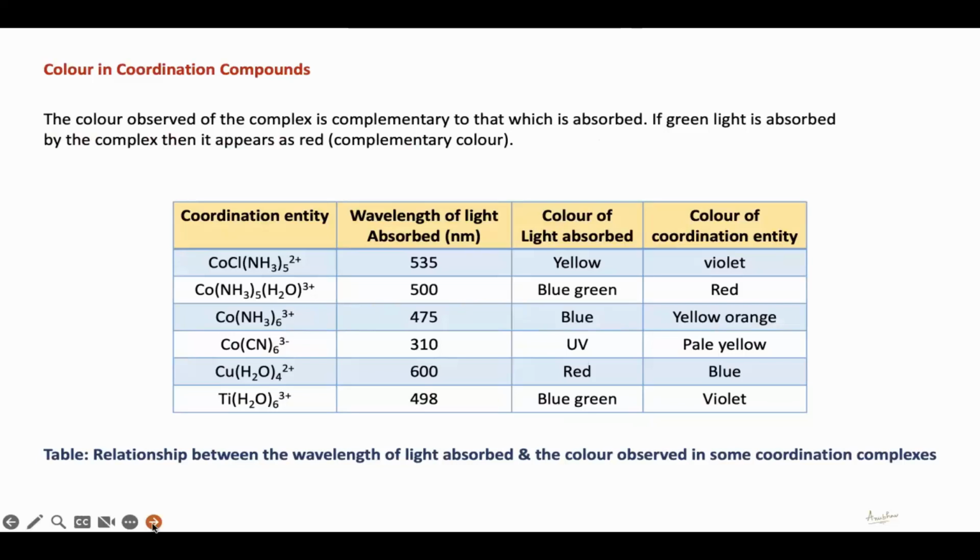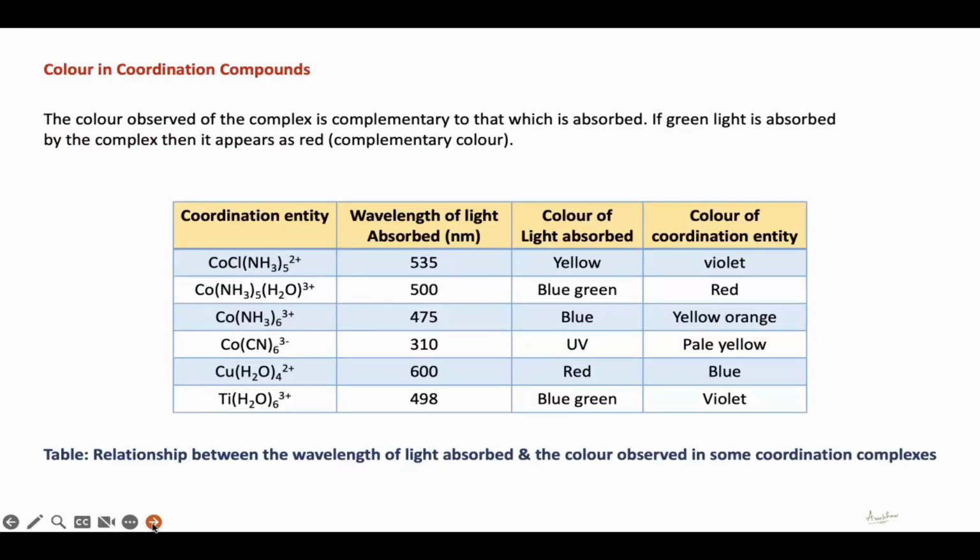This means some of the visible spectrum is removed from the white light as it passes through the sample. So the light that emerges is no longer white. The color of the complex is complementary to the one which is absorbed.